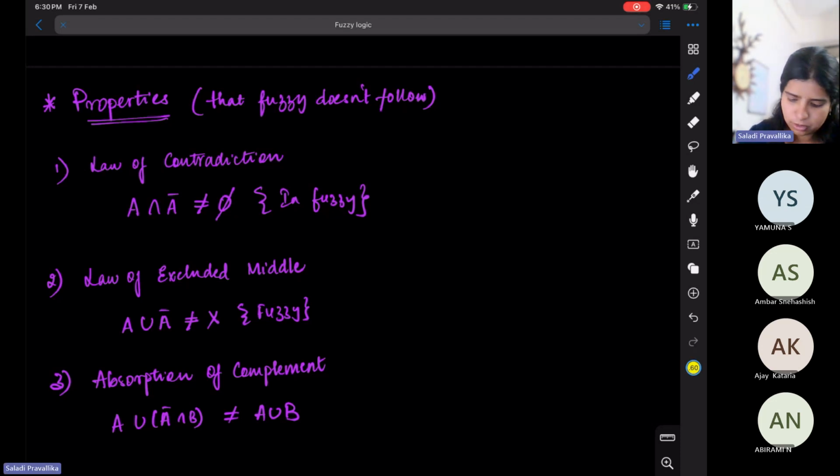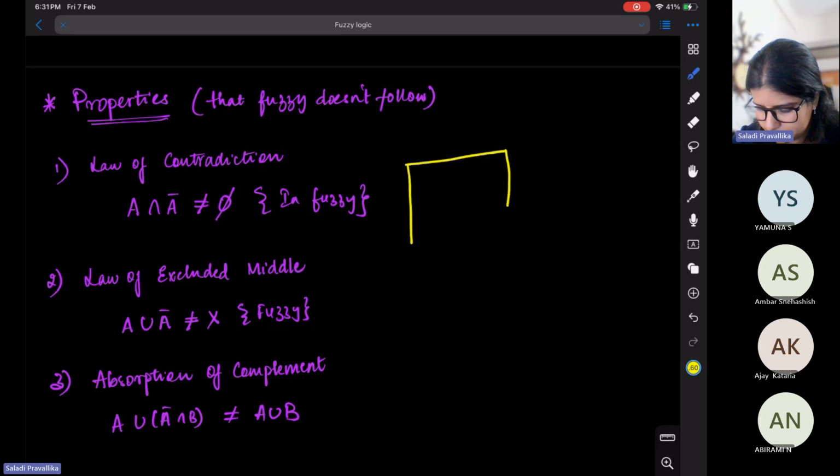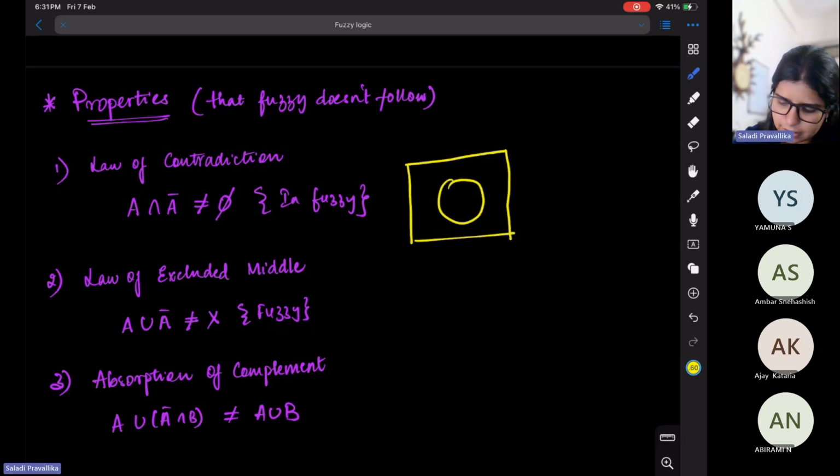Okay, so let us look at what this law of contradiction is in terms of a classical set. Let us draw a Venn diagram. Let's just say we have a set A, sorry, a classical set A. So this is the entire thing that it is in.